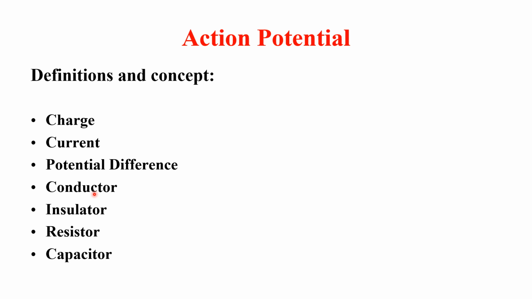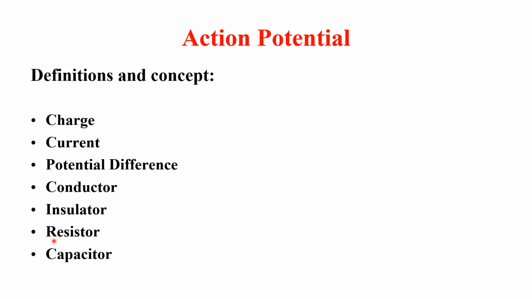So the conductor with larger cross-sectional area, meaning wire thickness, they have less resistance and more conductance as compared to the wires with less cross-sectional area, or the wires that are thin.